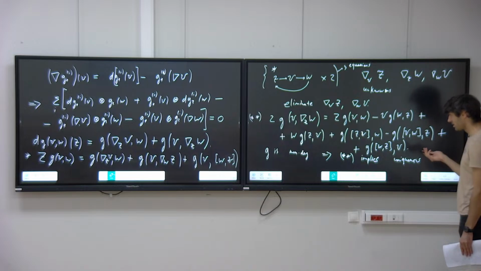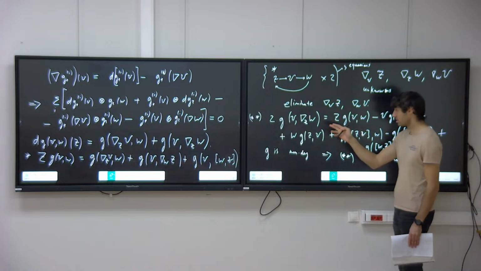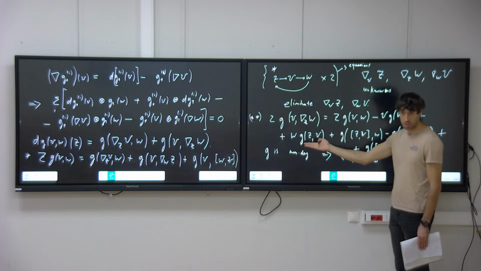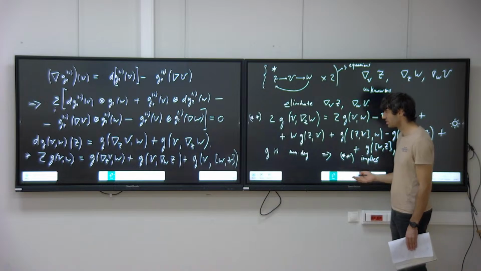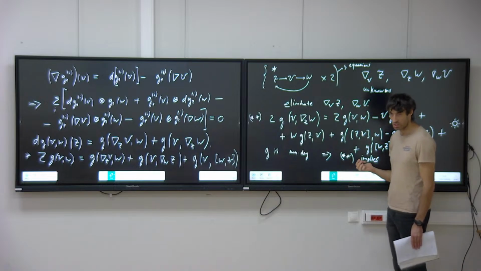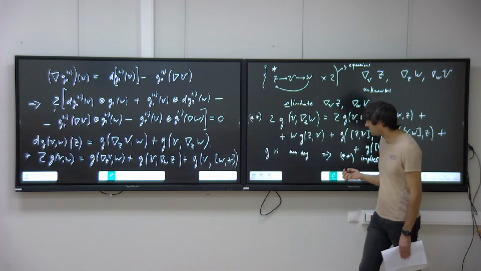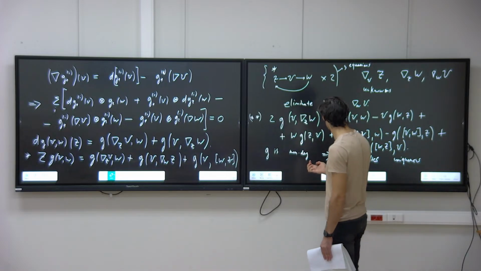Right? On the other hand, you can go backwards. You can say, okay, suppose that I define nabla using this equation. Then I need to check that it is really a connection, and that it has no torsion.